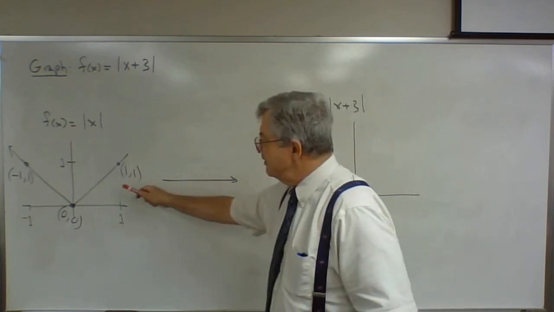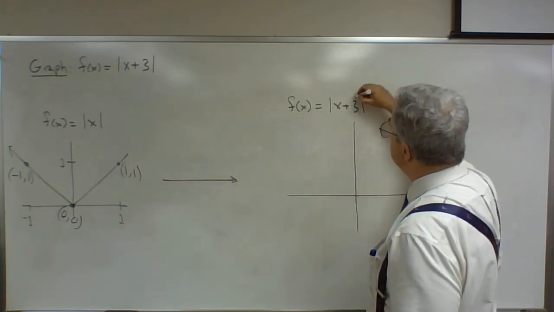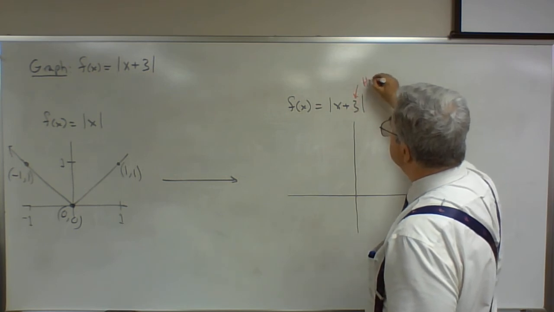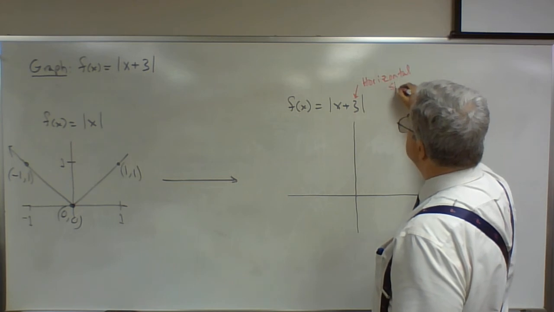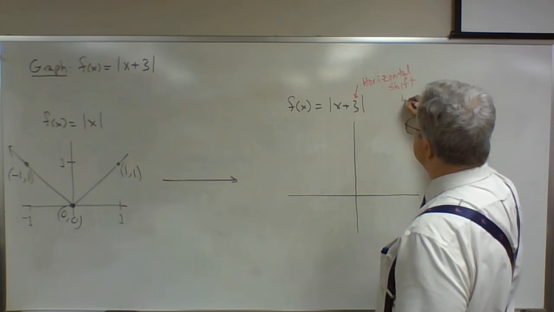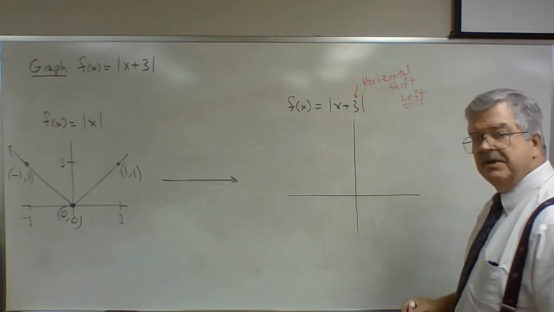We know what the original function looks like, and we know what this does. Horizontal shift left 3 units.